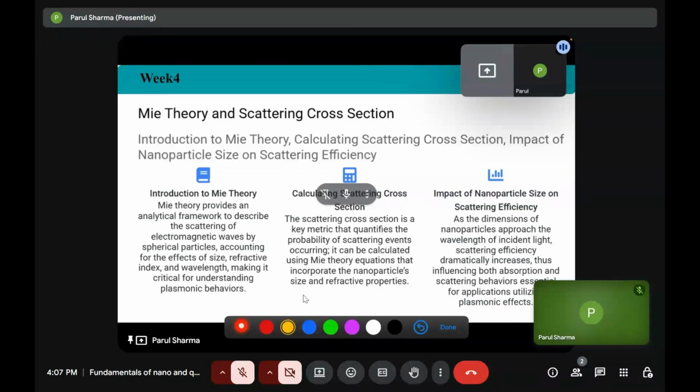It can be calculated using the Mie theory equation, which depends on the nanoparticle size and the properties of the nanoparticle. As the dimension approaches the wavelength of light, scattering efficiency dramatically increases. So that will influence both absorption and scattering behaviors, essential for plasmonic applications.